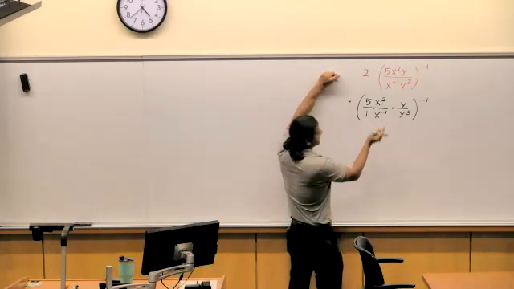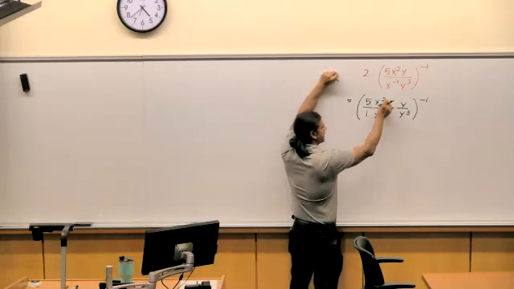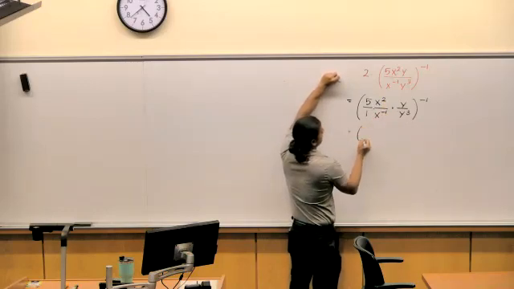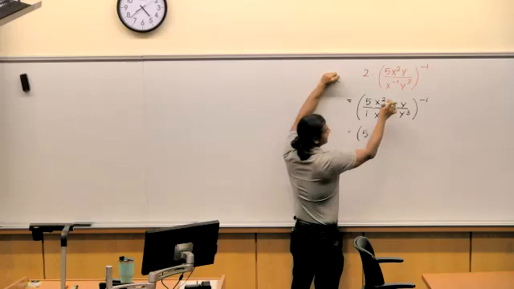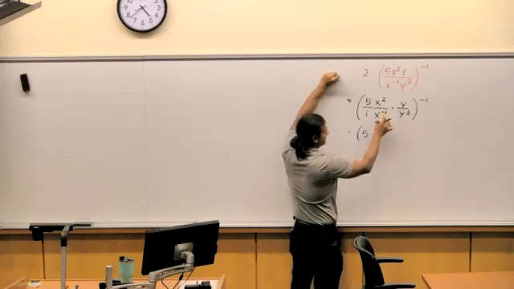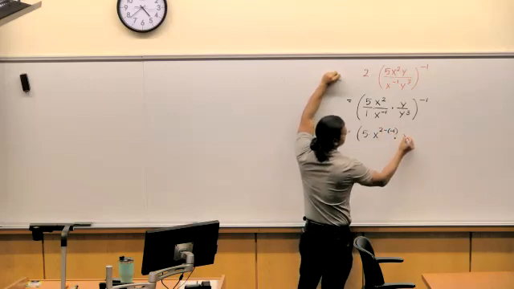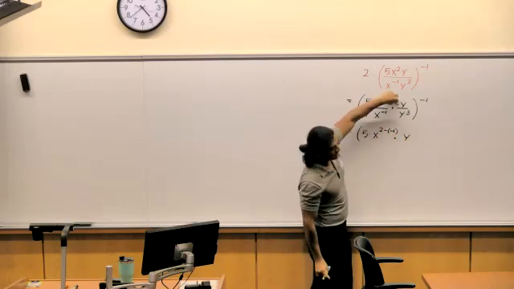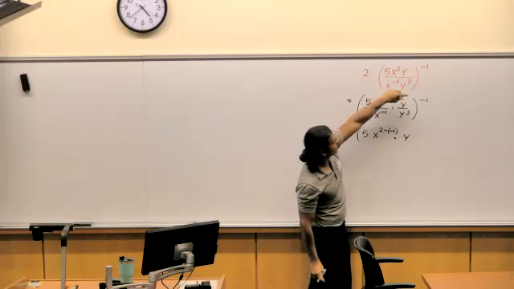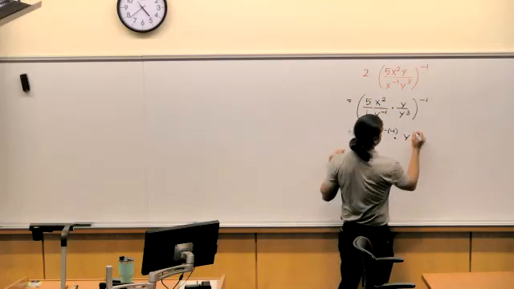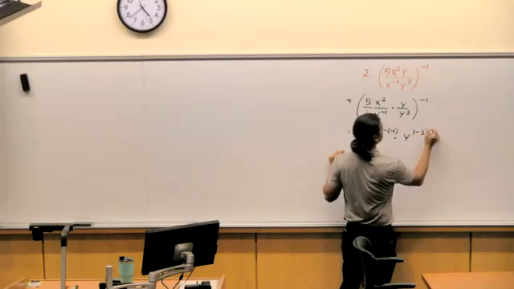And from last time, if I have x raised m over x raised n, the answer is x raised m minus n. So you have 2 minus of minus 1. Same argument, y raised 1 divided by y raised 3 is y raised to the power of 1 minus 3.